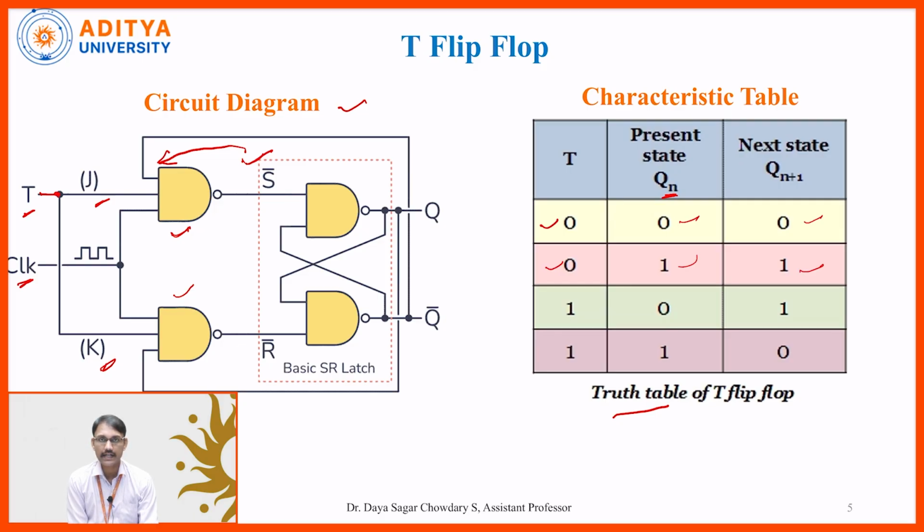Whenever the clock is enabled and T is equal to 1, the output Qn plus 1, the next state, is quite the opposite. If Qn is 0, Qn plus 1 is 1, and if Qn is 1, Qn plus 1 is 0. This condition we call the toggle condition. That is why this flip-flop is called the T flip-flop, the toggle flip-flop.